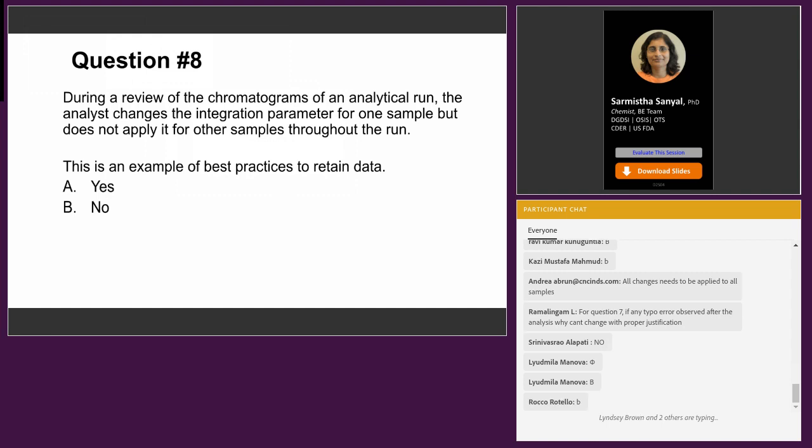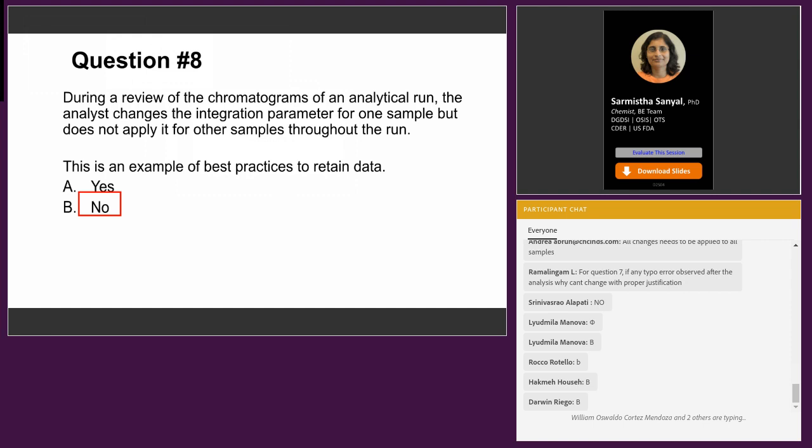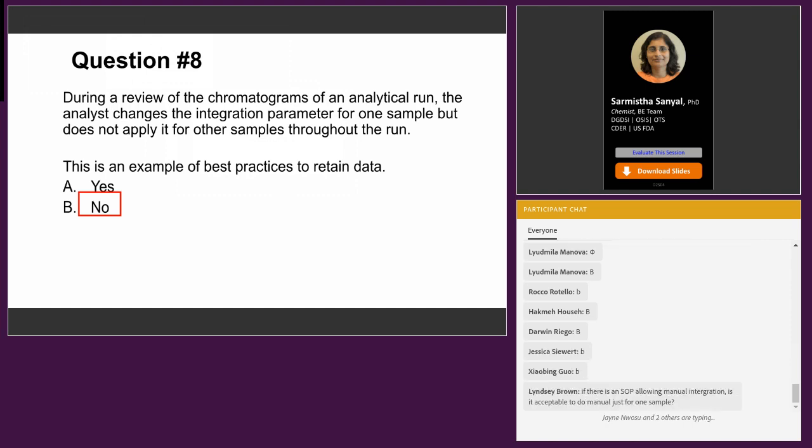I am looking at the chat box and the answers are still coming, which is B. And again, as almost all of you have guessed it rightly, the answer is B. And that concludes the knowledge check for case study 3.